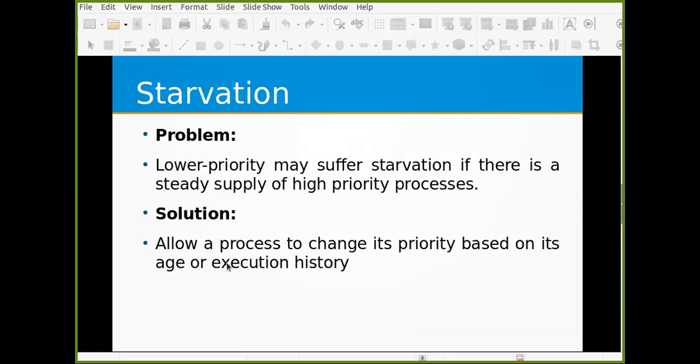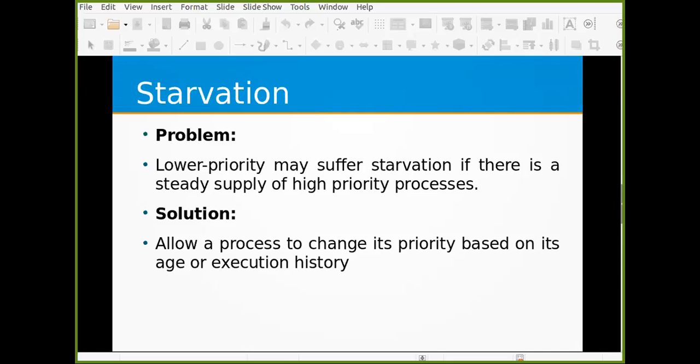What is the solution? Allow a process to change its priority based on its age or execution history. Whenever some process has spent some time in the system, its priority should be lowered, because it has utilized some amount of processor.